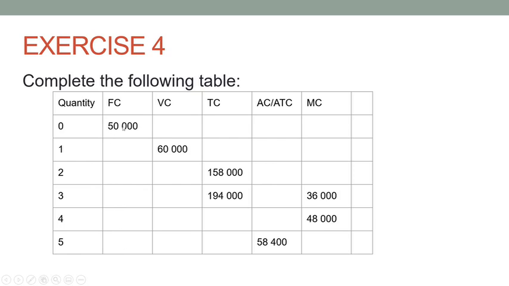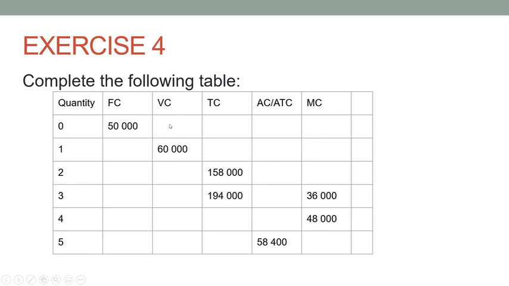Then we move on to the variable costs now. We said your variable costs are costs that vary in accordance with the number of units being produced, or the quantity that's being put out there. So if I did not produce anything, that means I'm not going to have any variable cost at all.